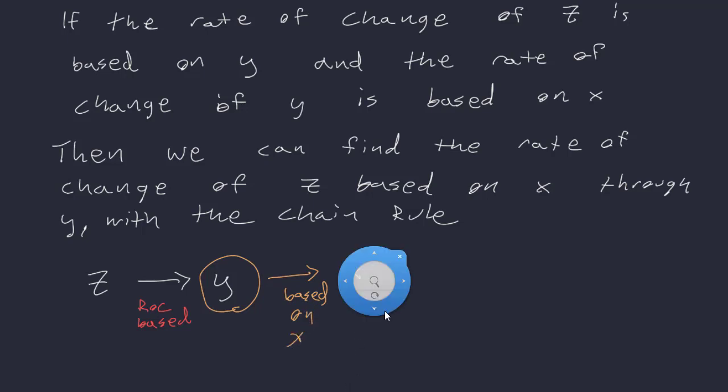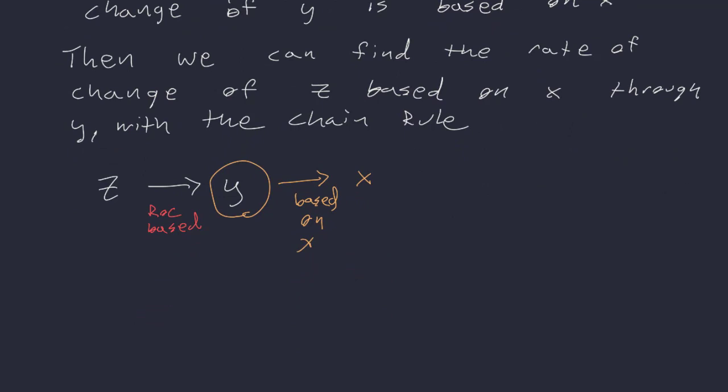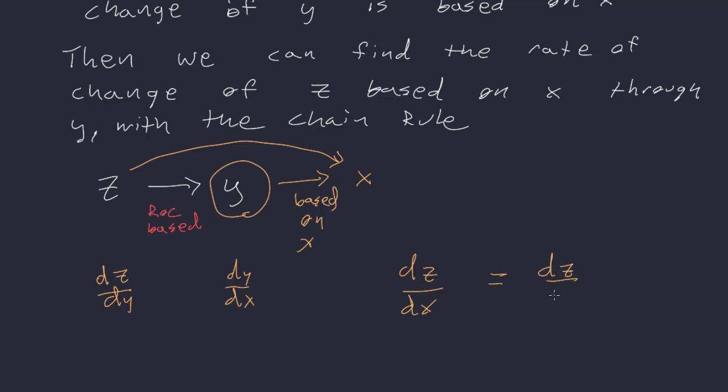Okay? So z's rate of change can be completely determined by y, and y's rate of change can be completely determined by x. Well, it turns out that we can move through them to get dz/dx by basically taking dz/dy and multiplying by dy/dx.